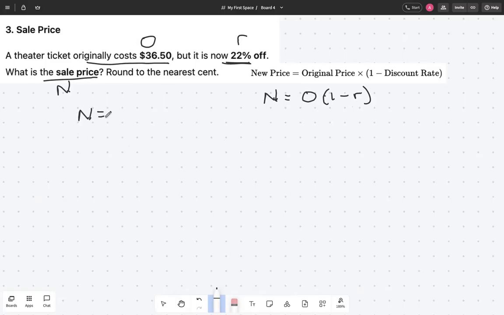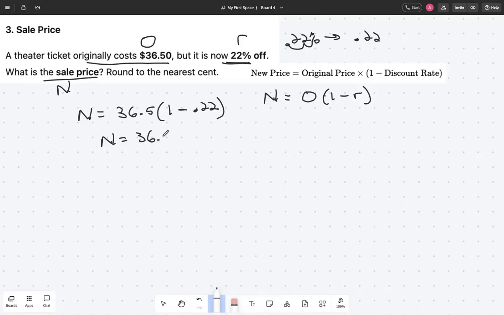Our new price, N, is equal to our original price, 36.5, times 1 minus 22%. We have to write 22% as a decimal, which means move that decimal spot over 2 times. So we'll have 0.22. So then we continue.